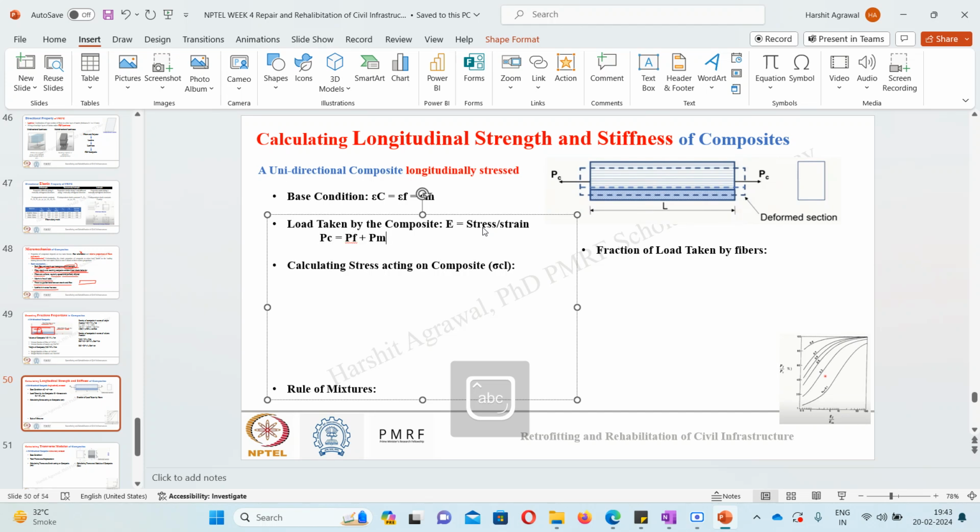Since there are no voids, the load acting on the composite will be taken by the fiber and the matrix both. Now stress is given by load per unit area. So I can write PC in terms of stress. How can I write? It is nothing but epsilon c.